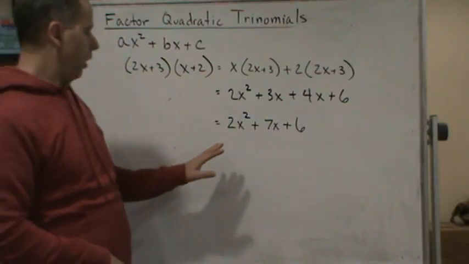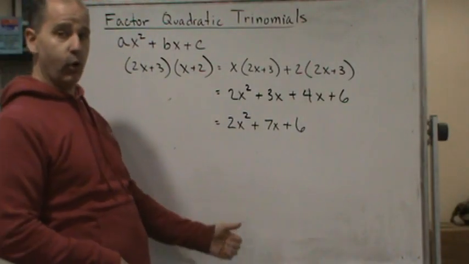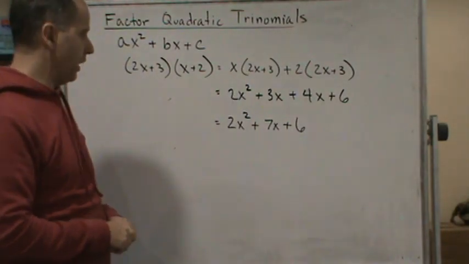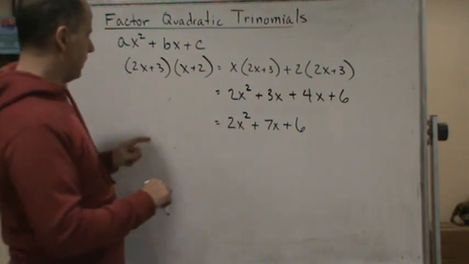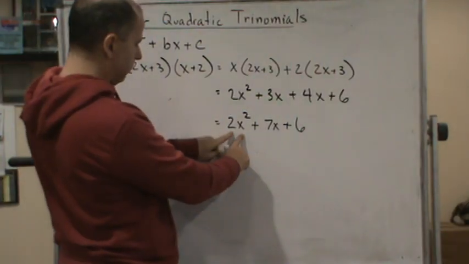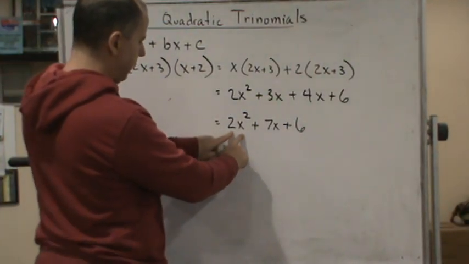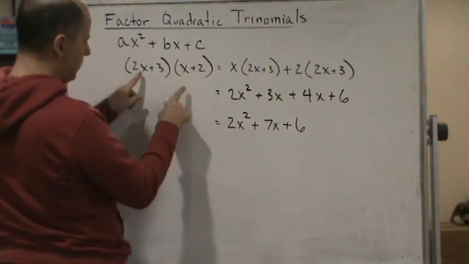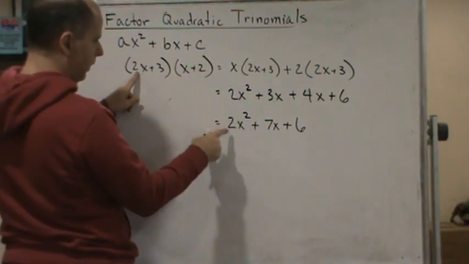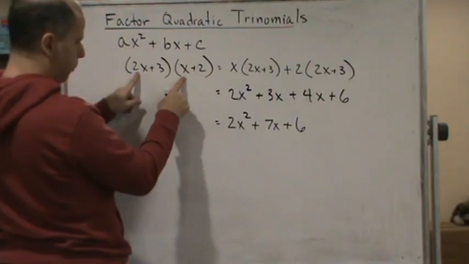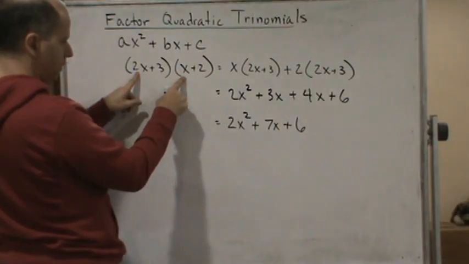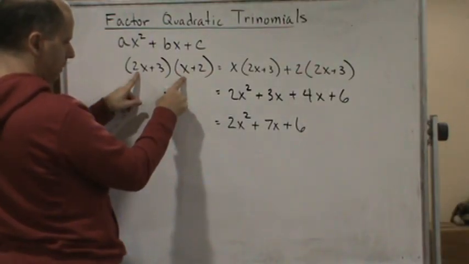Okay. Now, all we're going to do in factoring is go through the process in the other direction. Now notice a couple of things here. This is a product of these two, right? So this will always give us a product of the first two terms here.